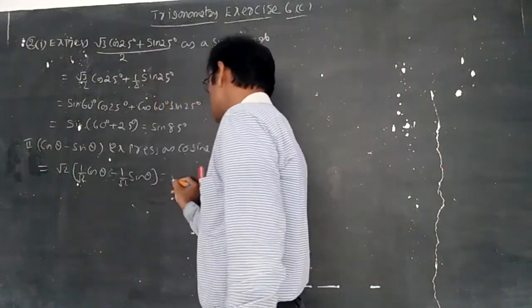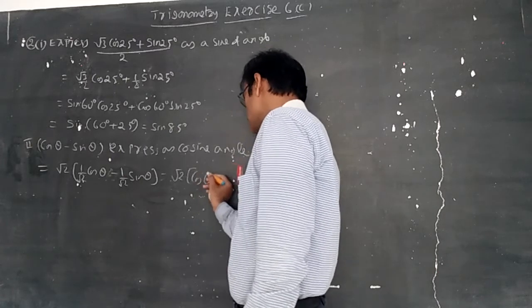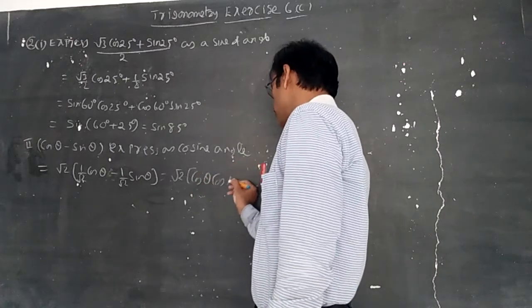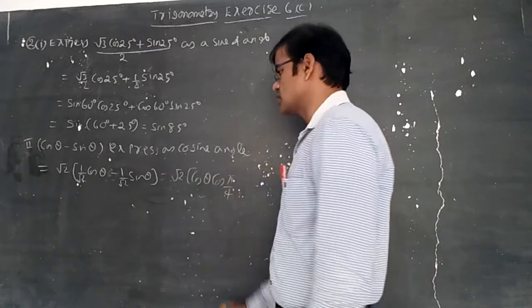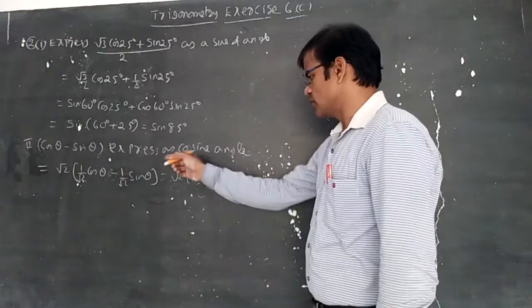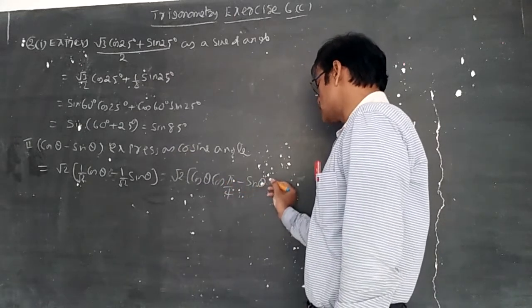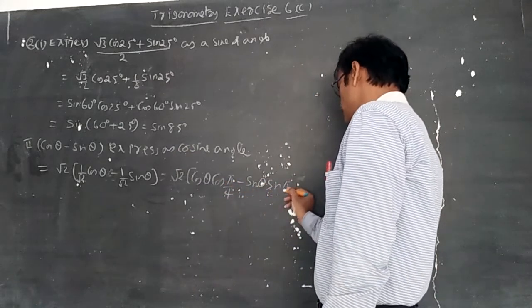Root and root will get cancelled, but you will get another number in the form of cosine or sine angle. That is equal to root 2 into cos theta into, instead of 1 by root 2 you can write cos pi by 4. Cos 45 is 1 by root 2. Whether it is 45 or pi by 4, any form you can write, and this is sin theta into sin pi by 4.